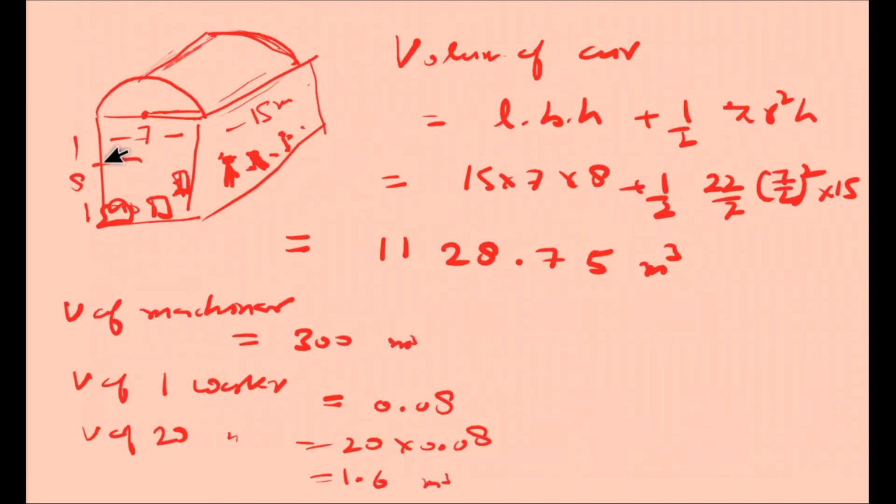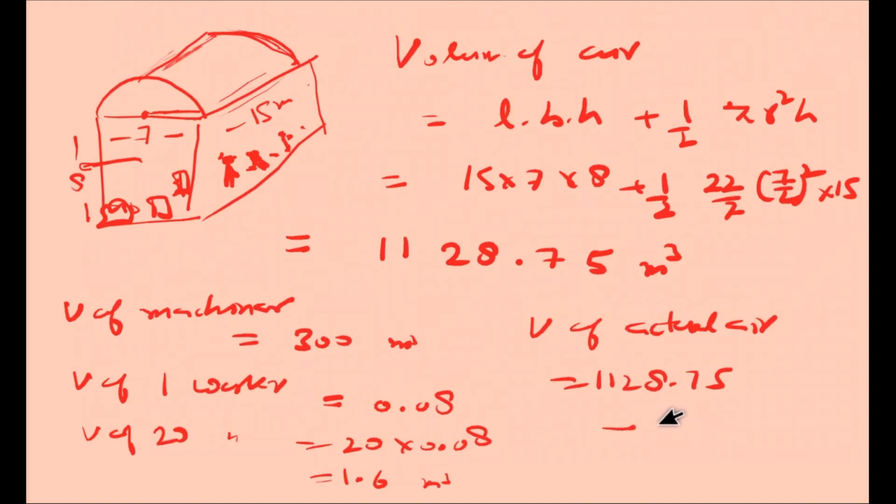So what is the left air? Left air is this minus this minus this. So volume of actual air is total volume minus machinery volume minus workers volume.